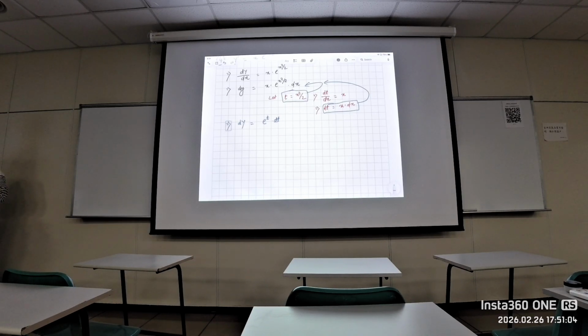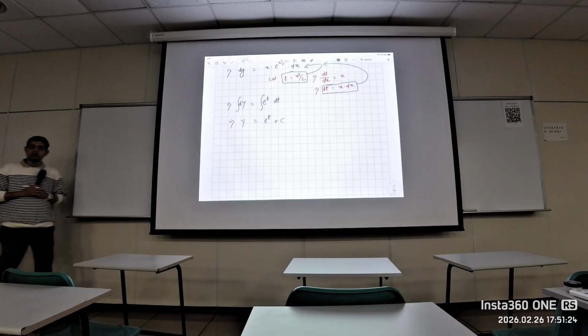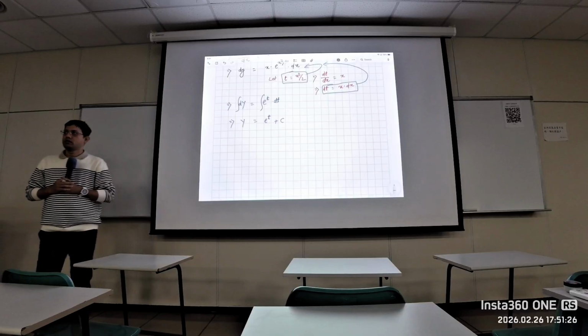Then what to do? Solve this one. Apply integration. When we apply integration, we will get y is equal to how much? e to the power t plus constant. Right?